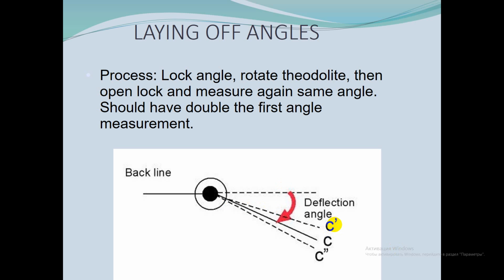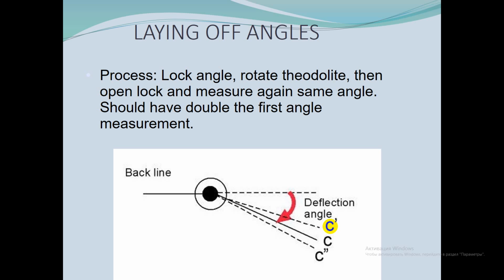Then the surveyor loosens the lower motion and, with the repeating instrument, sights again at the back line, transits the telescope and turns off the required value. It's very likely that this line of sight will not precisely match the first sighting at C1.